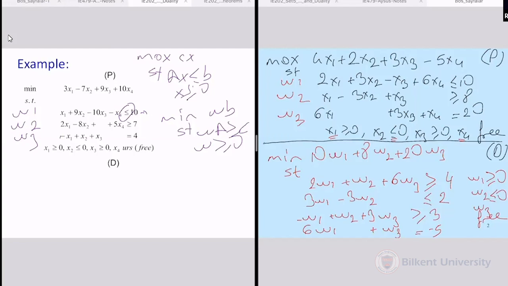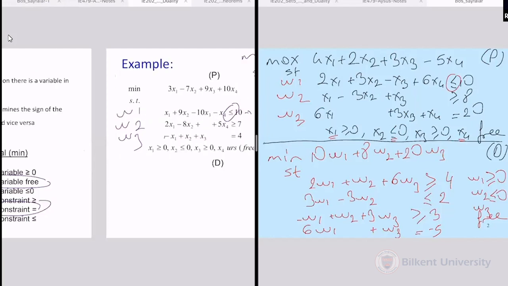Now, W1 is for the first constraint. I'm looking at the first constraint in trying to find out the domain of W1, all right? The first constraint is less than or equal to. Less than or equal to for a maximization problem is correct. Yeah, I want less than or equal to in maximum. It's in canonical form version. Remember the canonical forms?